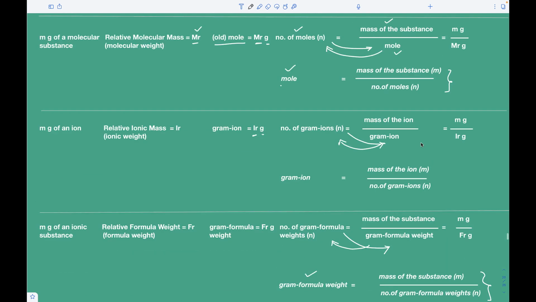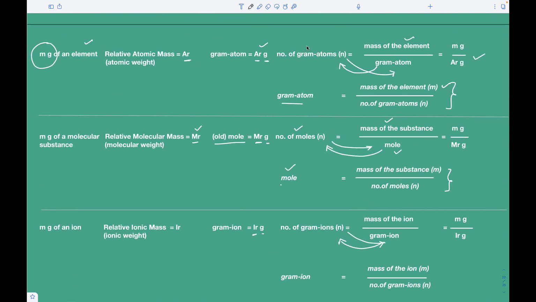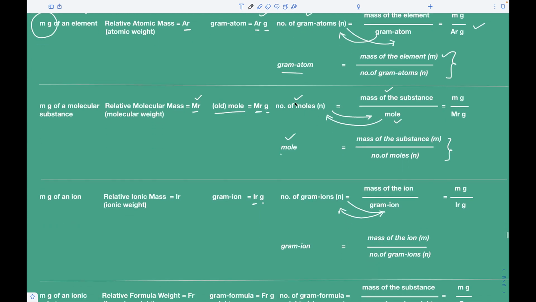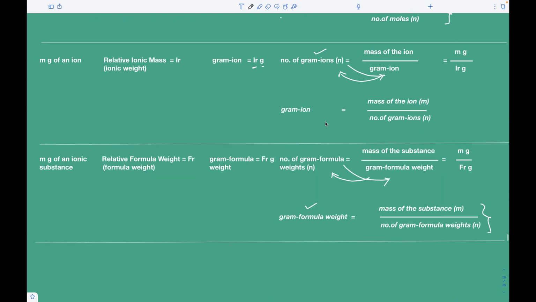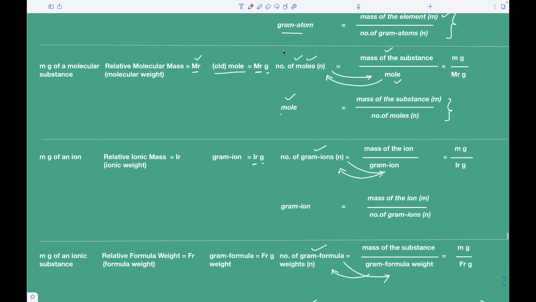See, all that we have done so far in this video is derive 4 expressions. 1 for the number of gram atoms, 1 for the number of moles, 1 for the number of gram ions, and 1 for the number of gram formula weights. And all the vocabulary that we have used so far is old vocabulary that existed even before 1971.